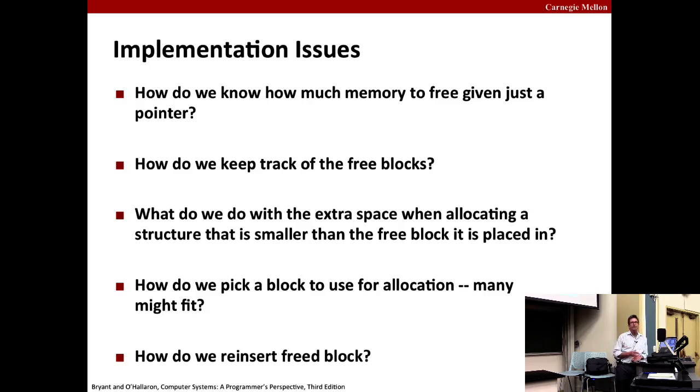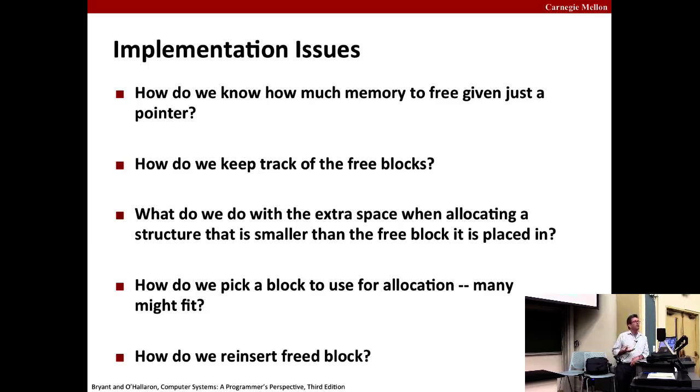How do we keep track of all the free blocks? When we're satisfying an allocation request, we're going to look for a free block that is larger than the requested size. So what do we do with the extra space in the block? Do we just keep it in the block and suffer some internal fragmentation? Do we split that block into a smaller block?